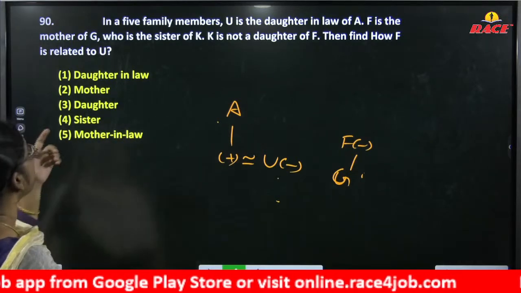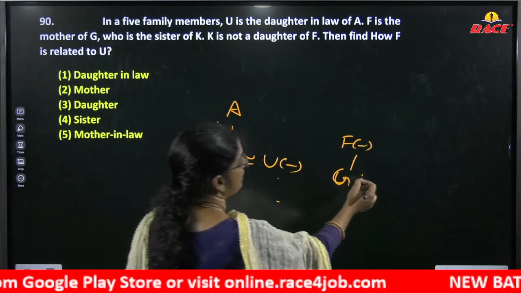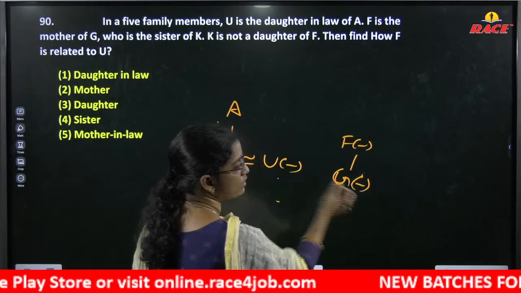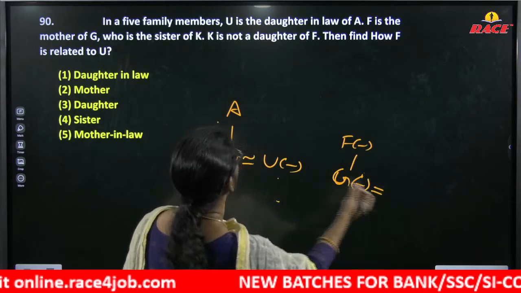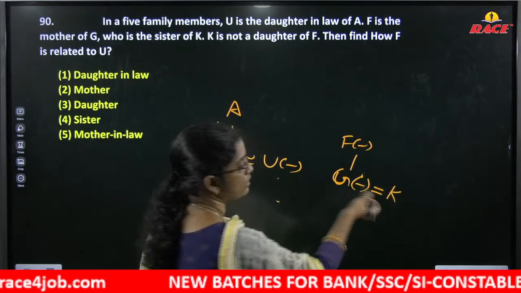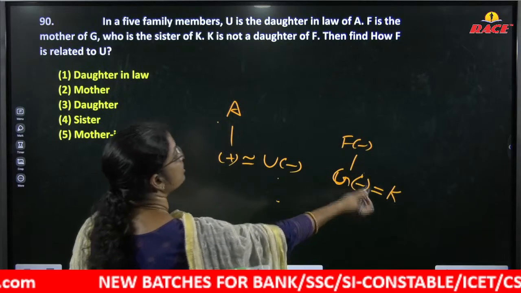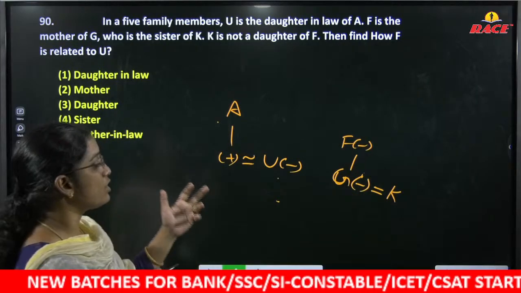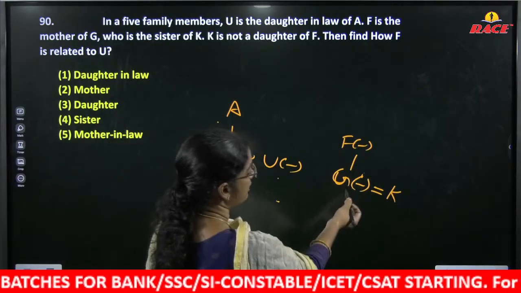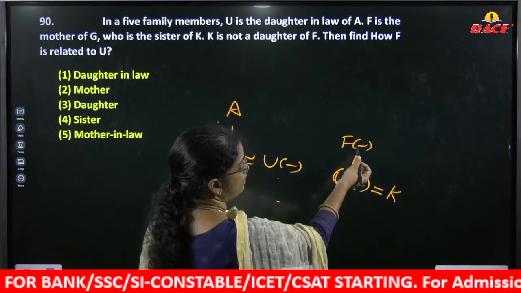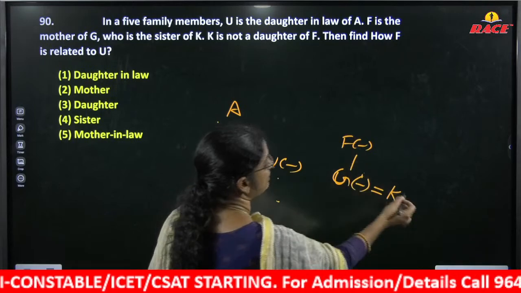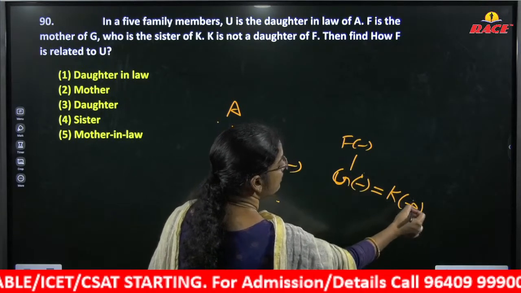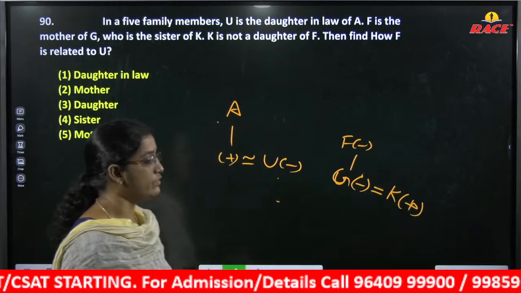Next, G is the sister of K. Sister means female, so I'm taking minus, and for siblings I'm using the equal symbol. Here we don't know the gender of K. Then K is not a daughter of F. These two persons are siblings, F is the mother of both, but K is not a daughter of F. That means definitely K is a son, a male, so I'm taking the plus symbol for K.